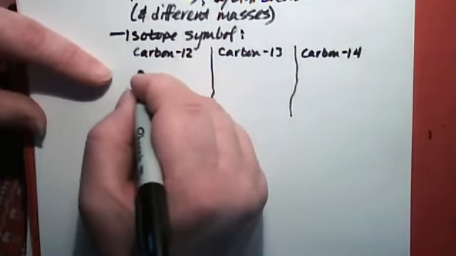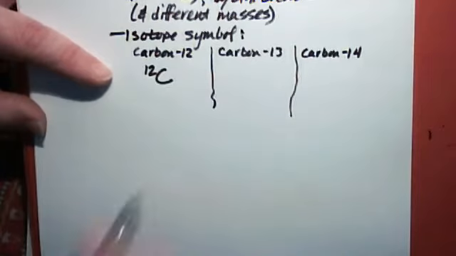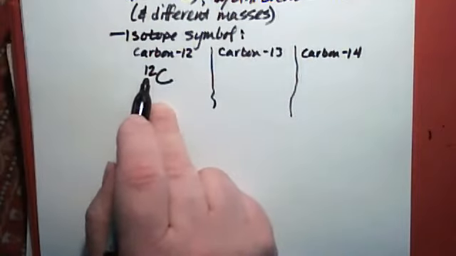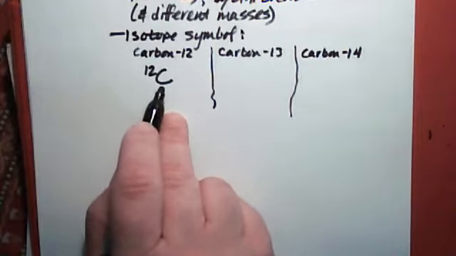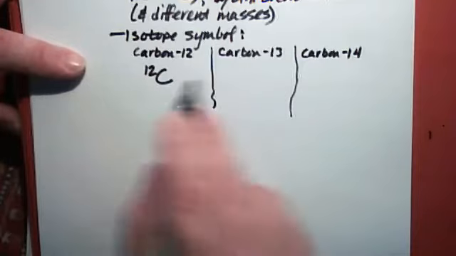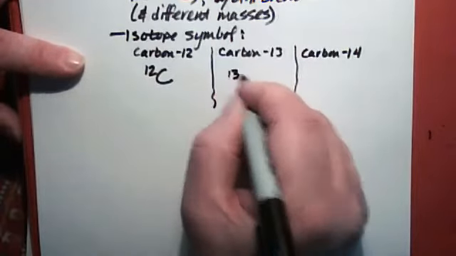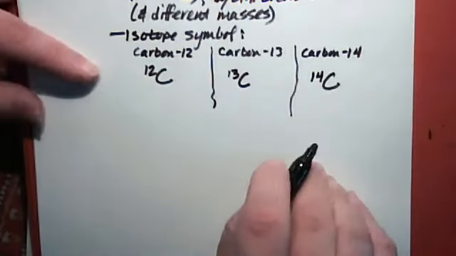There's also a symbol you can use that takes the form of this. Basically, it's the mass of the isotope used as a superscript before the symbol for the element. So carbon-12 would be written as superscript 12 and then the capital C. Carbon-13 and carbon-14 would be done similarly.